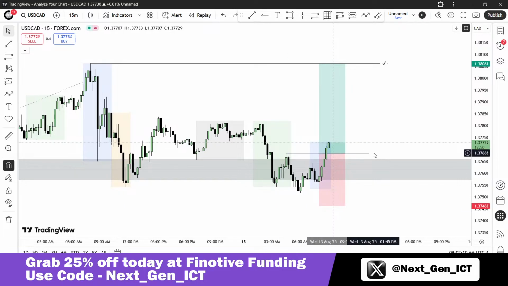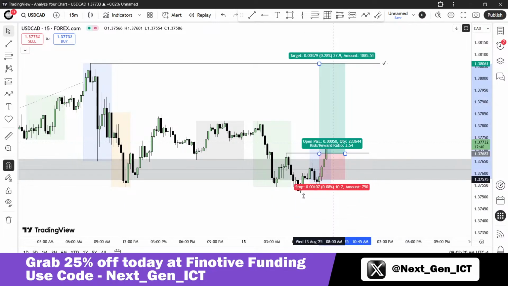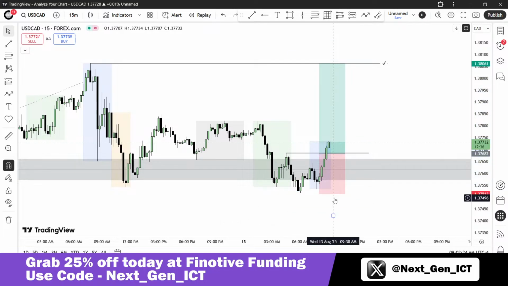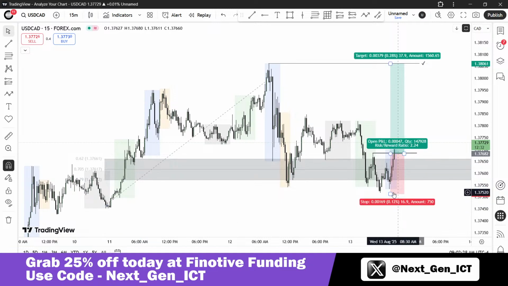How many points are we up right now? We're up like five pips on this spread. Maybe you can move your stop loss right here, or just leave it where it was, below this low right here.